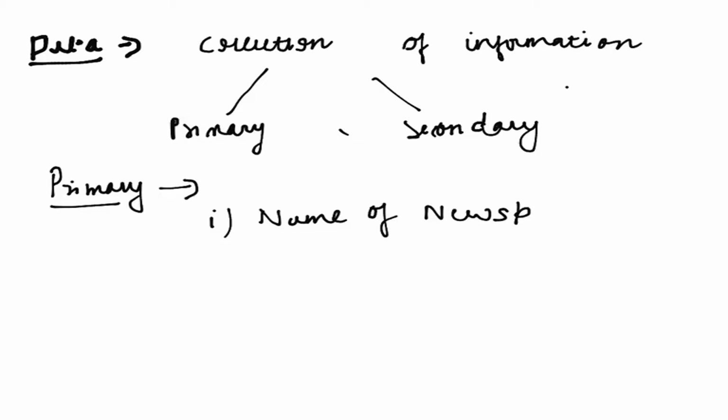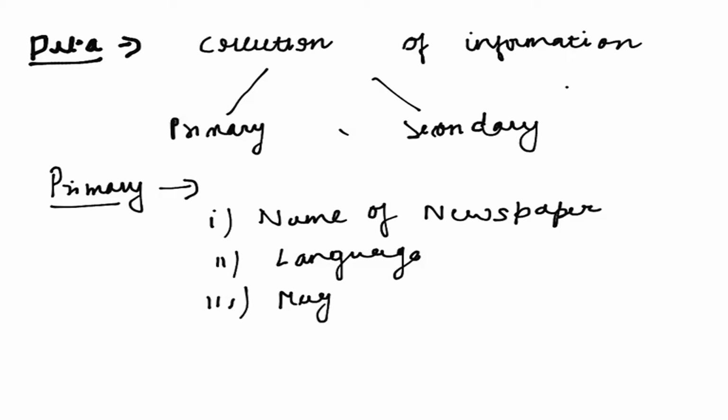So I want to know which house wants which newspaper. Second, I want to know the language in which they want the newspaper. And then we can collect data like whether with the newspaper they want magazines or something else. So all these kinds of data I need to collect.